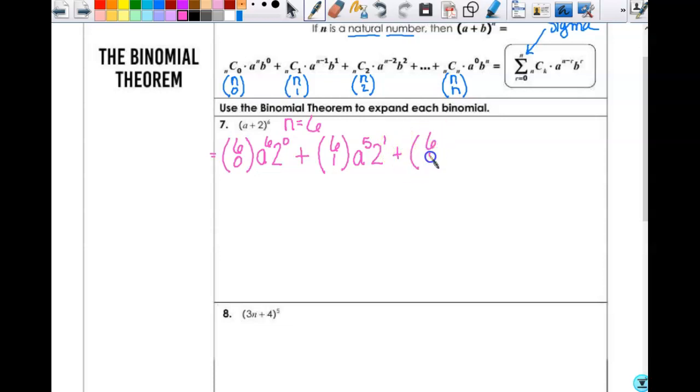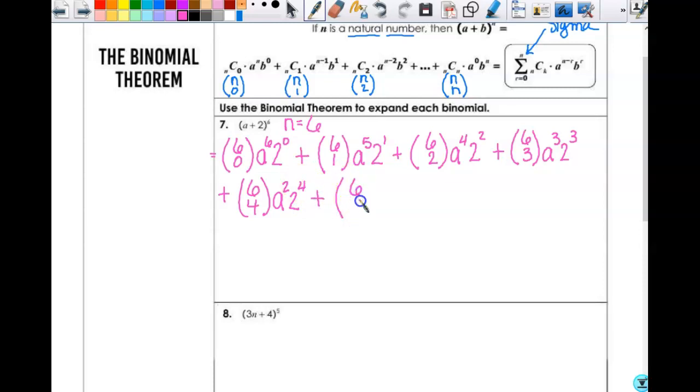Plus, then this is going to be 6, 2, a to the 4th, 2 squared, plus 6, 3, a to the 3rd, 2 to the 3rd, plus 6, 4, a to the 2nd, 2 to the 4th, plus 6, 5, a to the 1st, 2 to the 5th.